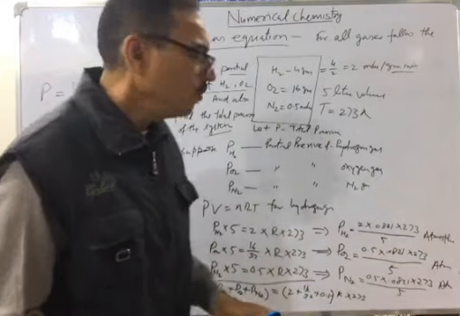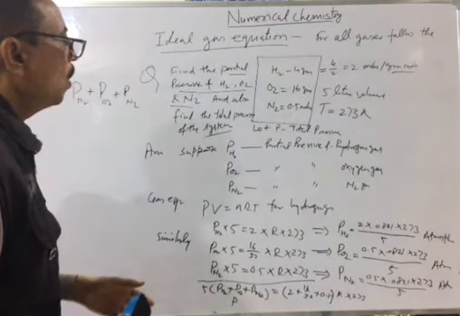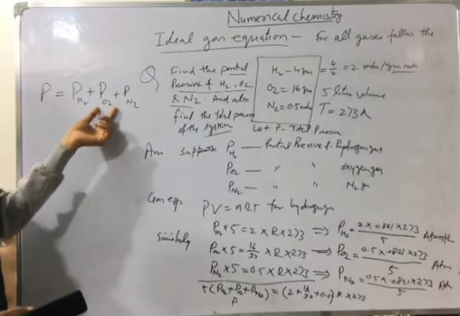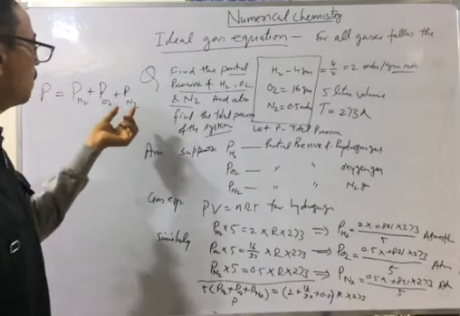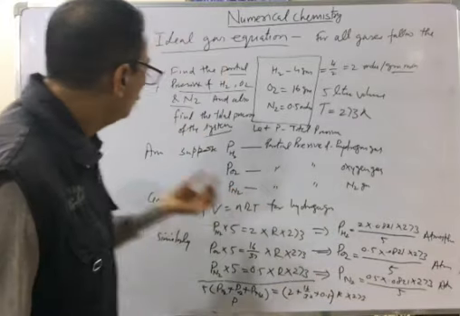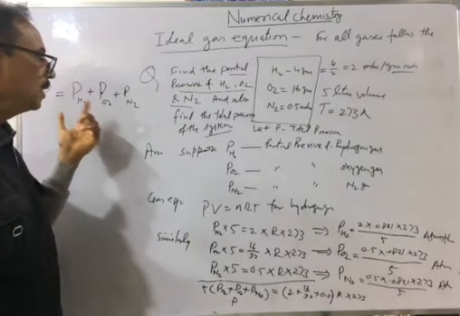Now we see the total pressure, also find the total pressure. So total pressure is the partial pressure of hydrogen plus partial pressure of oxygen plus partial pressure of nitrogen. So if you sum up this, you will get the total pressure.